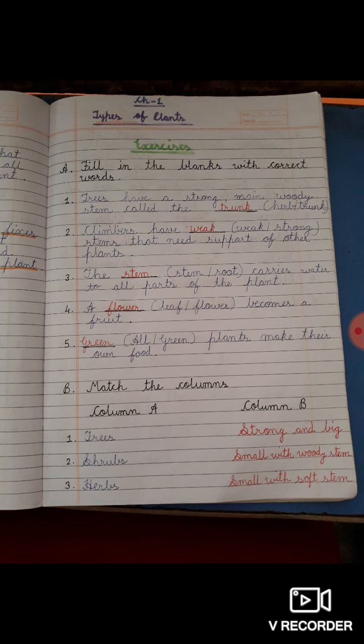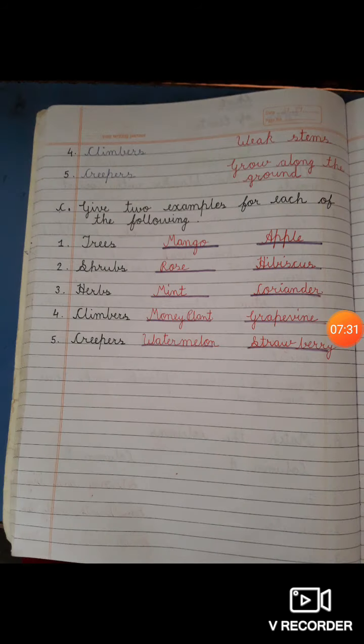Next, shrubs: small with woody stem. Herbs: small with soft stem. The fourth one, climbers: weak stems. Creepers: grow along the ground. So students, you have to write the answer in front of the word.